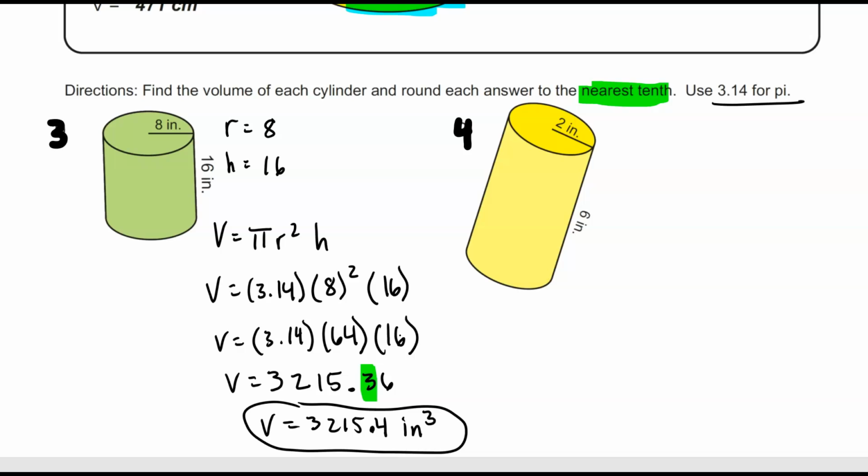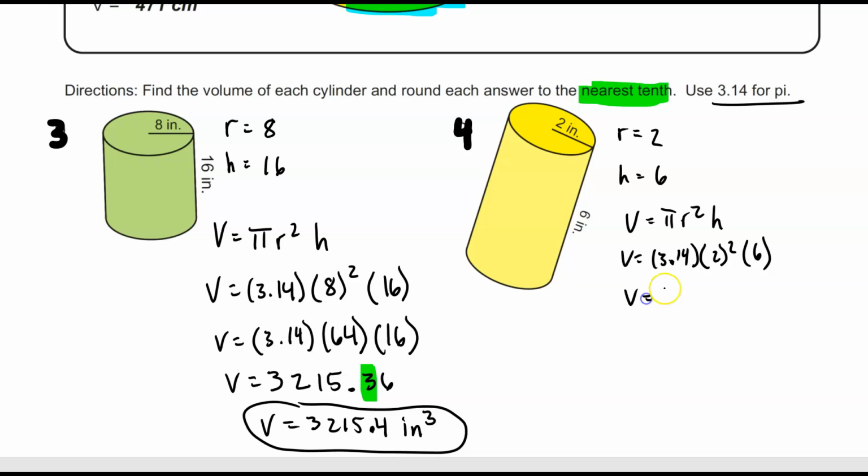All right, let's do number 4 together. So our radius is 2, and our height is 6. So volume is equal to pi r squared, because that's the area of a circle, times height. So volume is equal to 3.14 times 2 squared. That is 2 times itself, in this case 2 times 2, so we're lucky, times height 6.